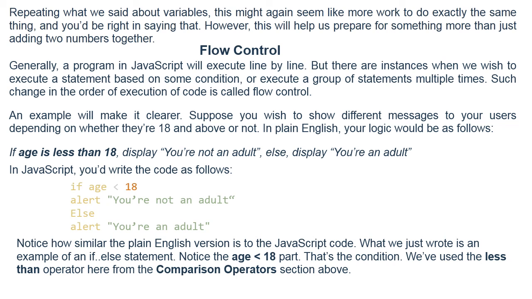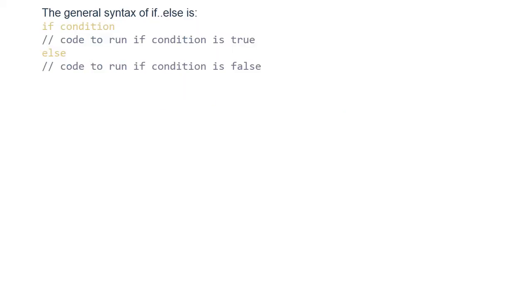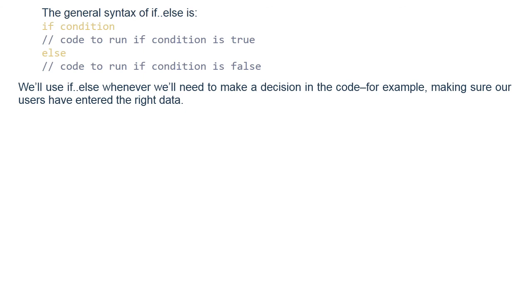We have used the less than operator here from the comparison operator section above. The general syntax of if-else is: if condition, code to run if condition is true, else code to run if condition is false. We will use if-else whenever we need to make a conditional decision in the code, for example, making sure our users have entered the right data.